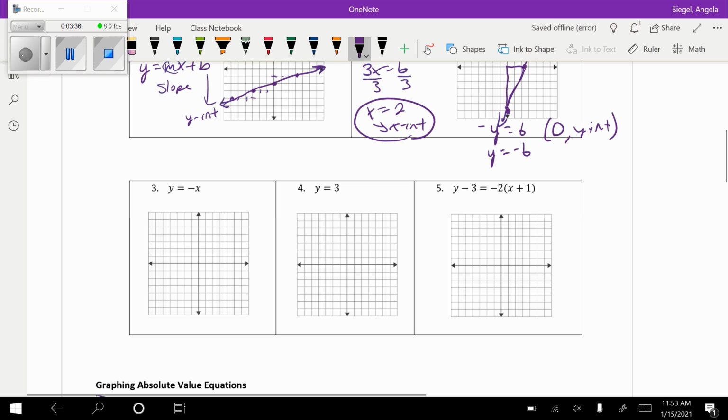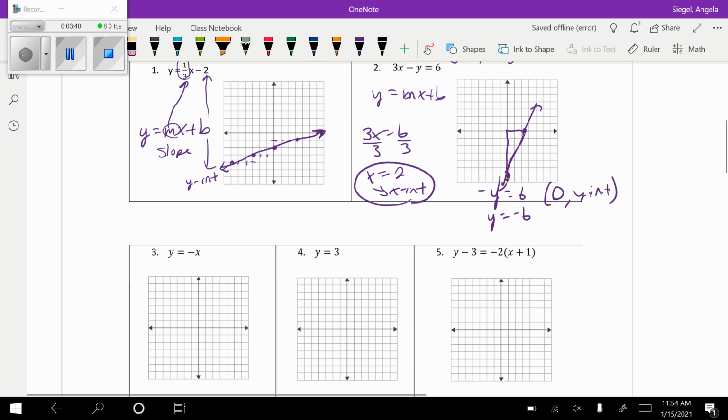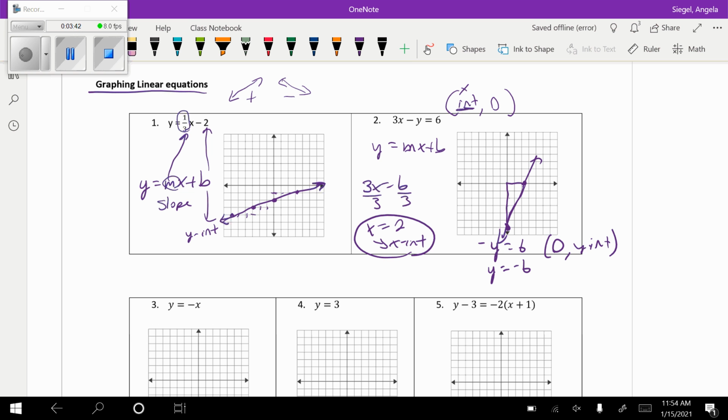Okay, so I have three different things that you have learned over the course of learning linear equations. Notice that there's no y-intercept, so there's no b, and we just have a negative for our slope. What this means is that our b is 0.